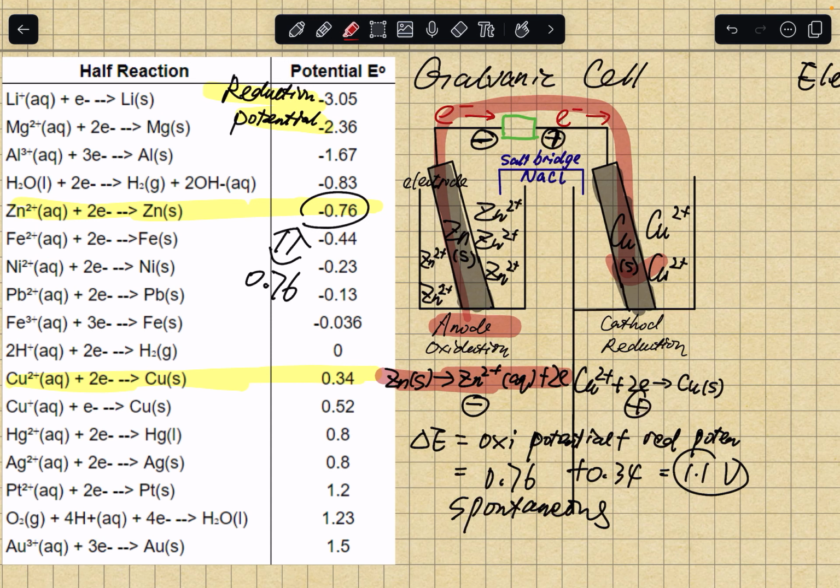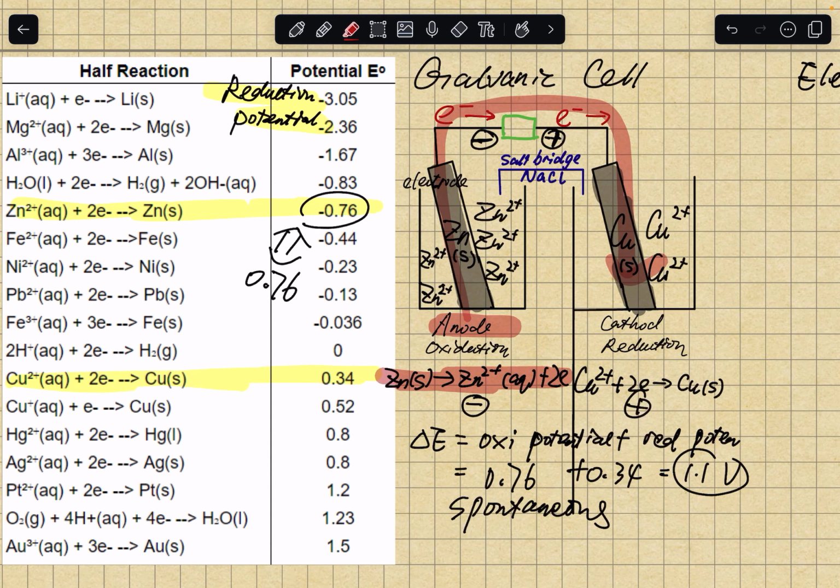The reduction side is where the electrons are received, so that the copper 2 plus can be reduced, gaining electrons and forming copper solid.